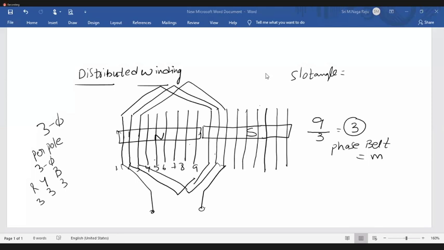The formula for slot angle is pole pitch divided by number of slots. Yes, pole pitch is always 180, no doubt. 180 is divided by number of slots per pole. Okay.